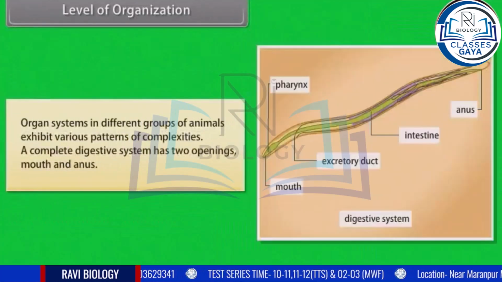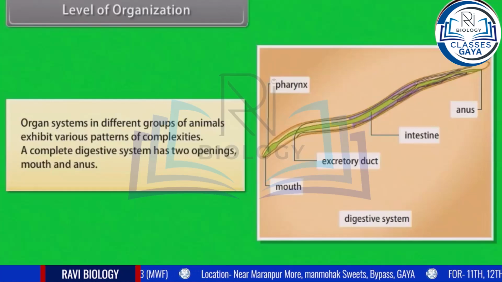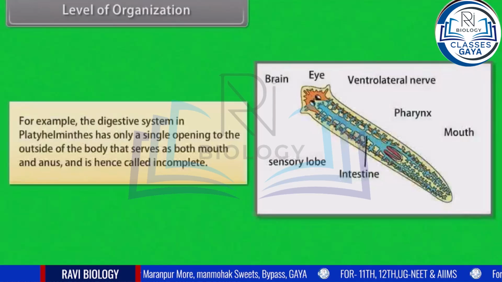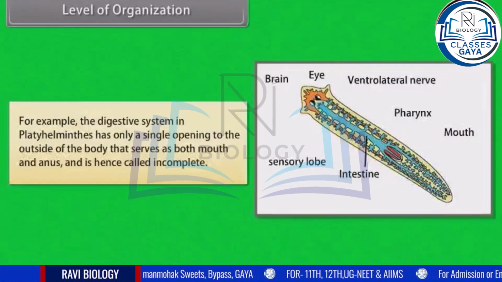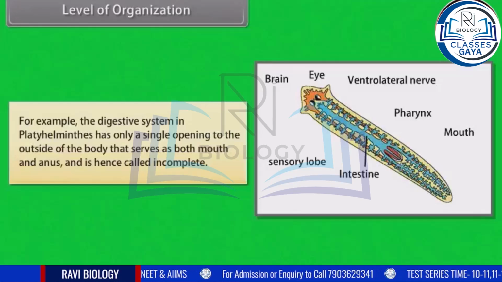Organ systems in different groups of animals exhibit various patterns of complexities. A complete digestive system has two openings, mouth and anus. For example, the digestive system in Platyhelminthes has only a single opening to the outside of the body that serves as both mouth and anus and is hence called incomplete.